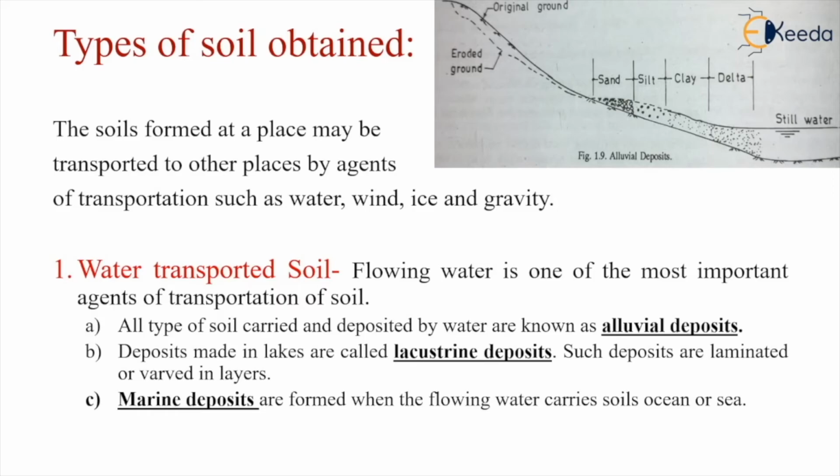All types of soil which are carried and deposited by water are known as alluvial deposits. The deposits which are made in lakes are called lacustrine deposits. These deposits are formed as laminated or varved layers, one layer upon another layer. Marine deposits are generally formed when the flowing water carries soil to the ocean or sea.